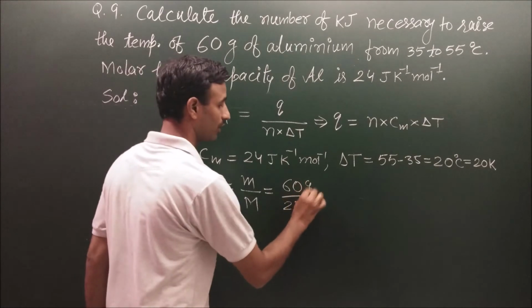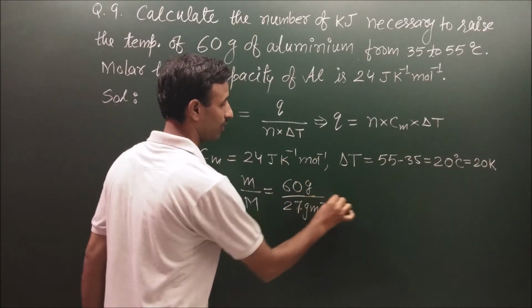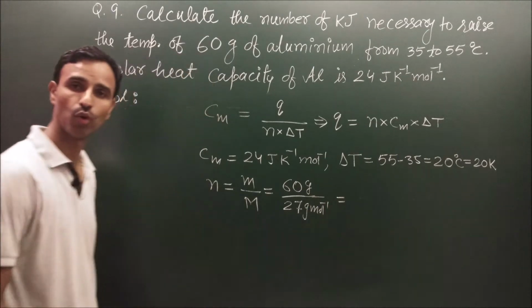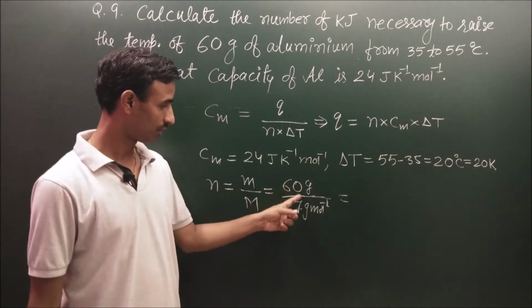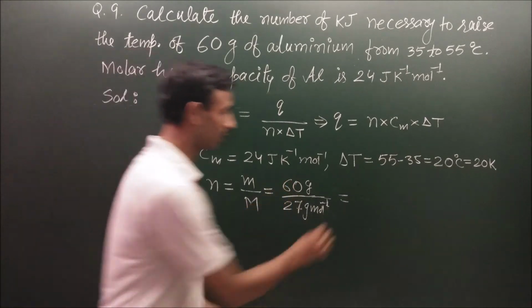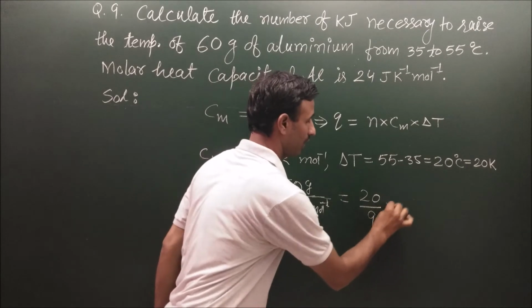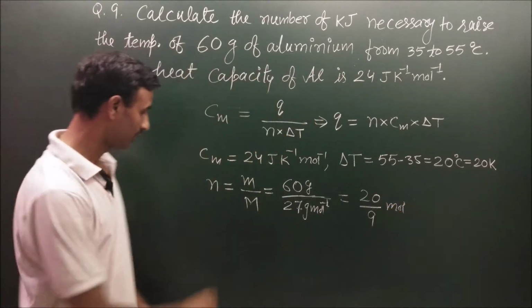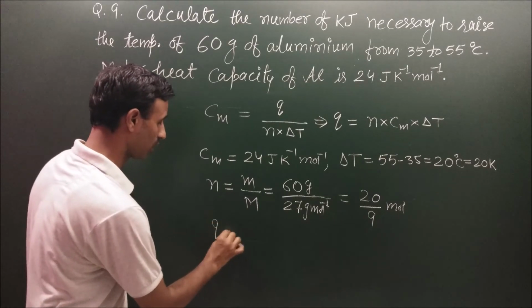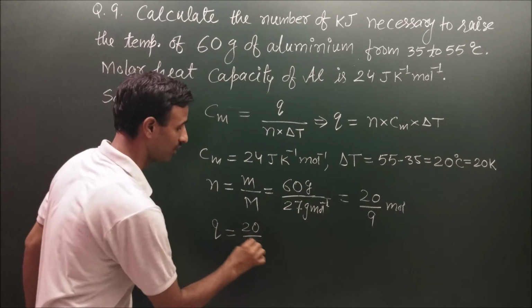It is 60 gram divided by 27 gram per mole. If we divide 60 by 27 by 3, it comes out to be 20 by 9 mole. So Q comes out to be, N is 20 by 9.